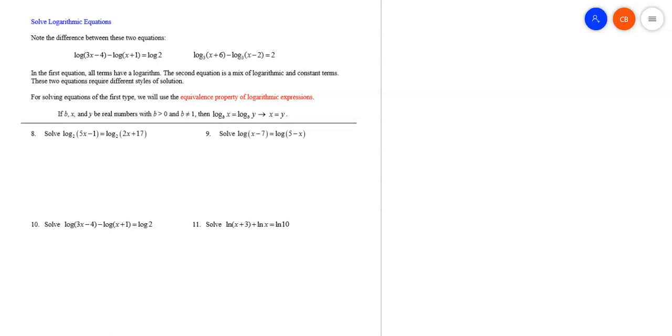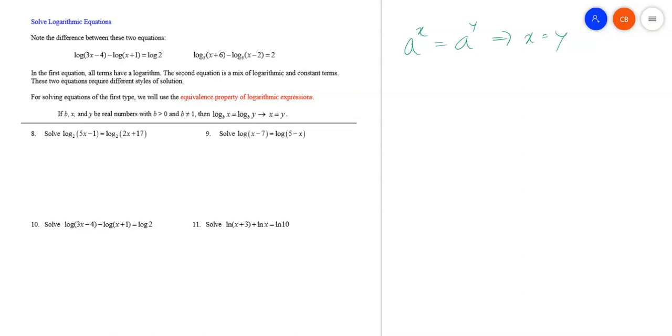But remember, we had the equivalence property for the exponential expressions, where we could say if a to the x was equal to a to the y for the same base, then these exponents would be the same. This would mean that x is equal to y. That was the equivalence property for the exponential expressions.